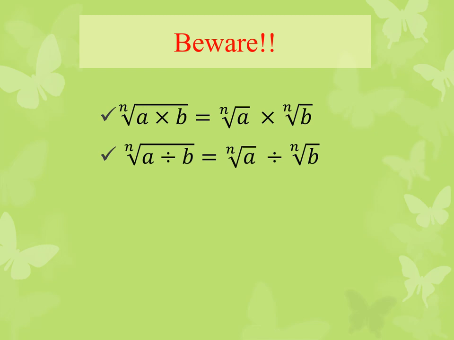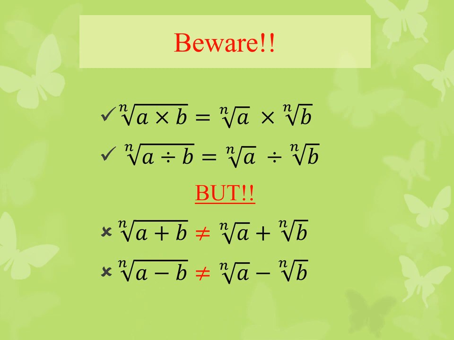So the nth root of the product is the product of the nth roots, or rather the nth root of the quotient is the quotient of the nth roots. But we must be careful that when it comes to addition and subtraction, that is not the case. Be careful of that.